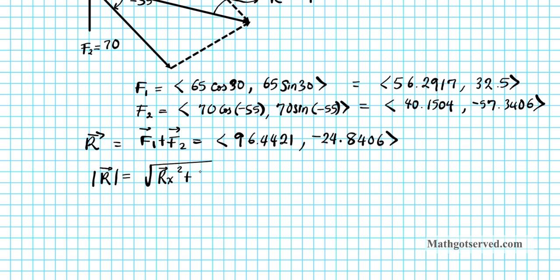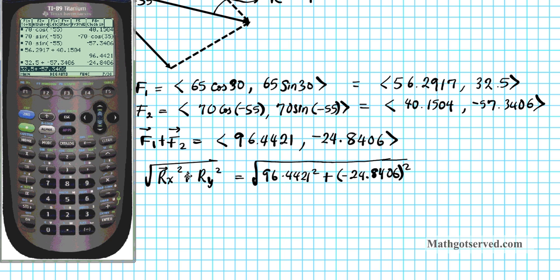We're going to have the square root of 96.4421, let's just copy down this answer just to save time. Copy that down, square it, plus this other answer, squared, and our answer is 99.5898.